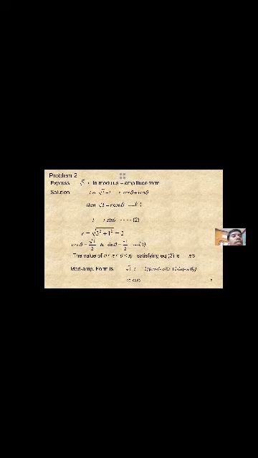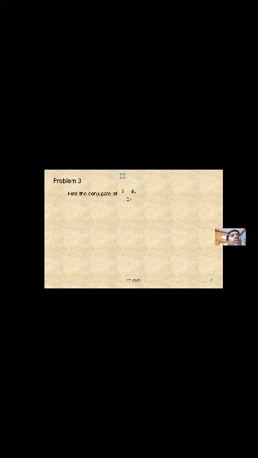Okay, next, third problem. Find the conjugate of 3 minus 4i by 2i.